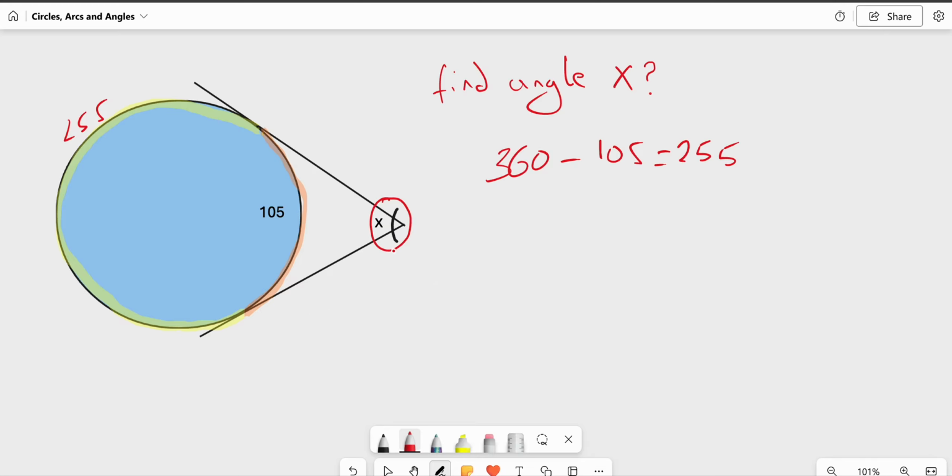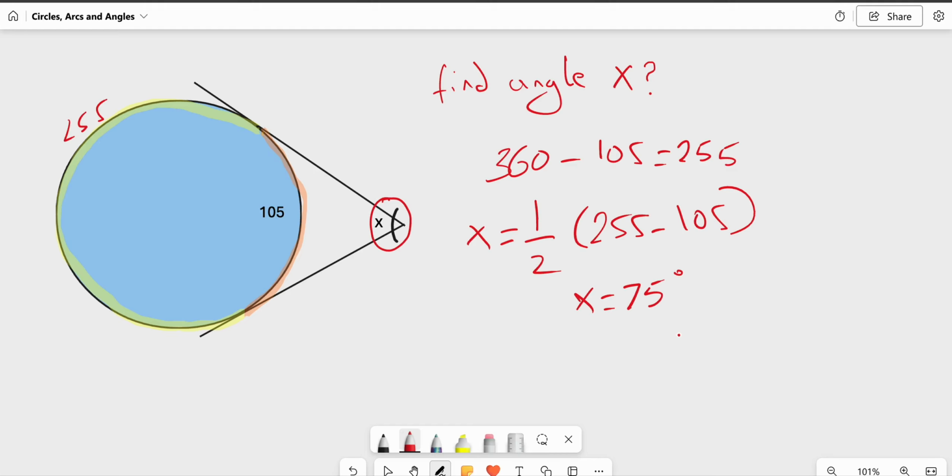And we know that the formula to find the external angle is equal to the difference between the two arcs created by the angle divided by 2. So x, the angle x that we're looking for, is equal to the difference of the two arcs, right? 255 minus 105, and this gives us that x is equal to 75 degrees.